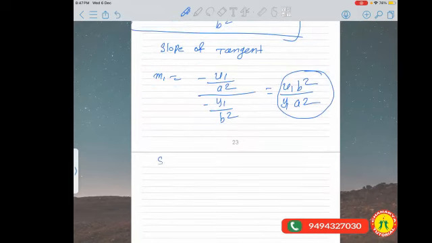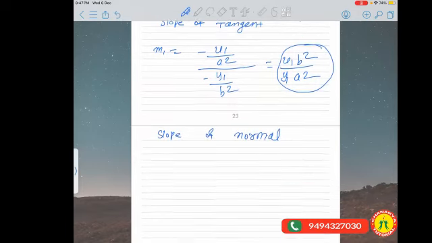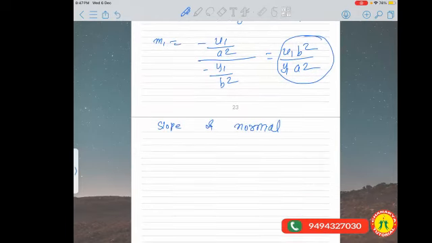So now what will be the slope of normal? The normal is always perpendicular to the tangent. It means the slope of normal, let it be m2, is equal to minus of 1 by m1, because m1 m2 is equal to minus 1.